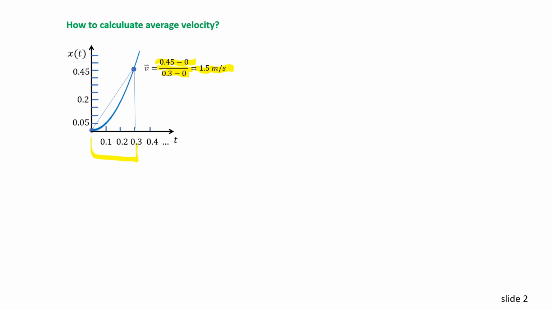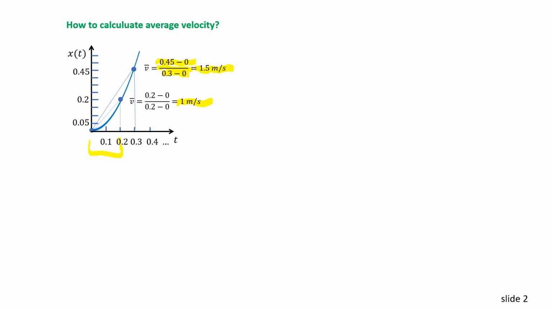So here's another example. What is the average velocity from 0 to 0.2 seconds? Well, you can use the same rise over run equation and get your average velocity for this case, which is 1 meters per second.